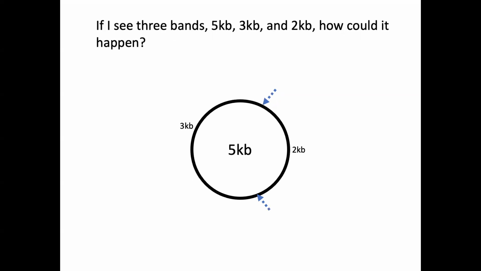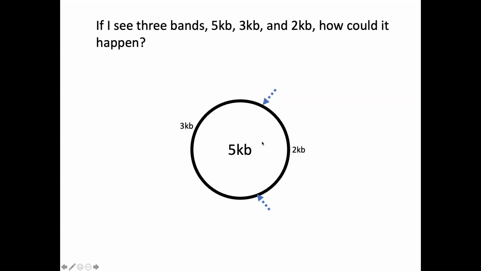So this is what happened. In this case, it will be cutting inefficient. You have to be in this situation, because if you see this 3 kb and 2 kb, that means add up together there's going to be 5 kb, indicating that the 2 EcoR1 sites will generate 2 bands. One is 2 kb, one is 3 kb. So cutting here or here.